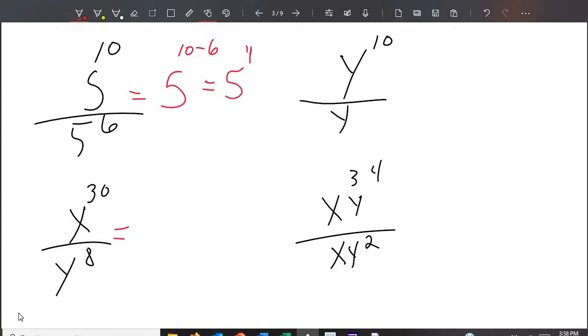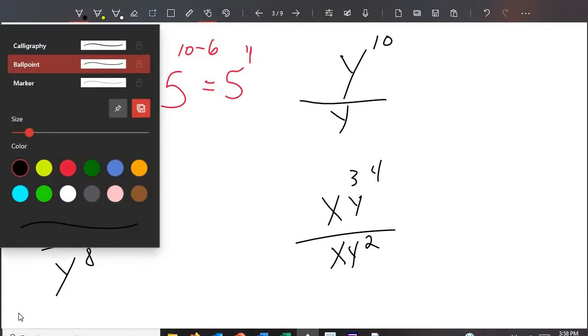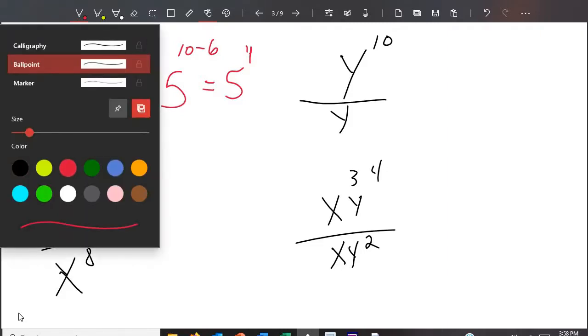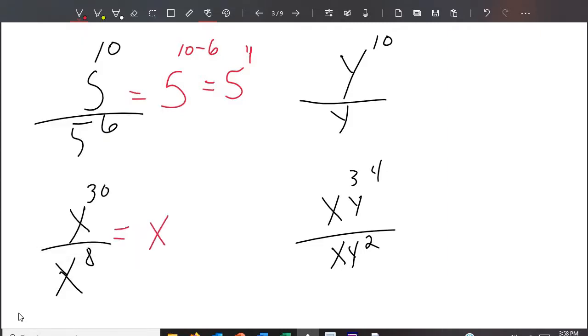Let's look at this one. My base is x. Top exponent is 30. The bottom is 8. 30 minus 8 is 22. So that's my answer. Don't overcomplicate this.